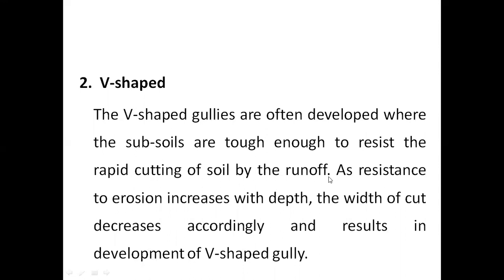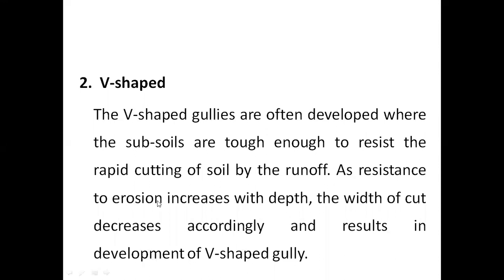Because these soils are very tough, they do not erode easily, as the strata resists the cutting of the soil by the action of concentrated runoff. As the bottom is tougher, the erosion at the bottom of the gully is less, and so the shape develops into a V.